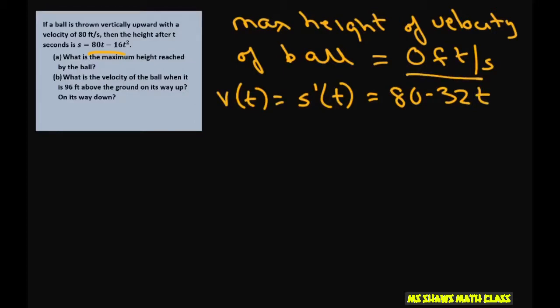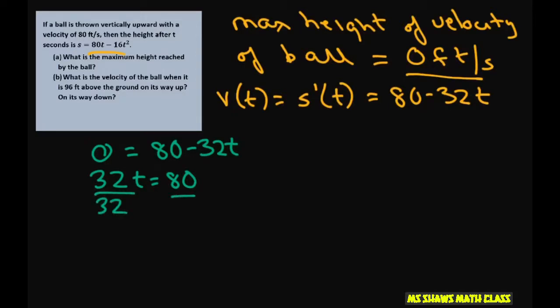We set this equal to 0 and solve for t. So we get 32t equals 80, and divide both sides by 32. So t equals 5/2.